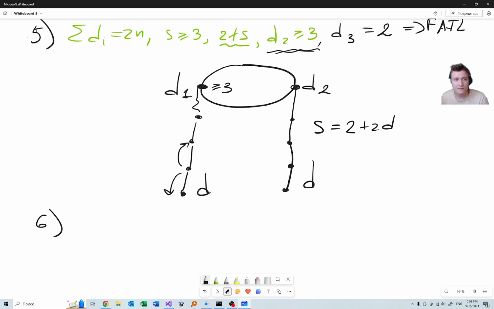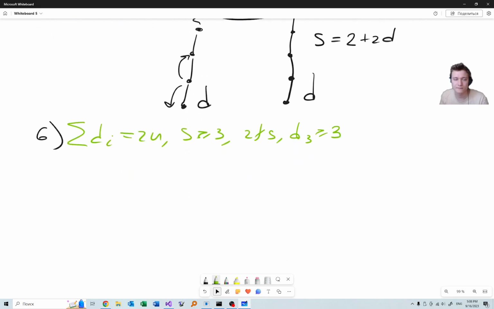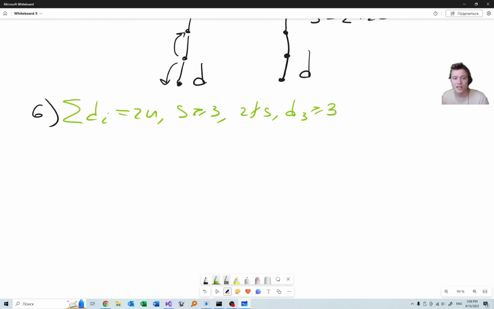The next case, again, we will write, first of all, our conditions. Sum of di is 2n, s is at least 3, 2 does not divide s, and d3 is at least 3. Okay, now let's consider some tiny case, which is s equals 3.